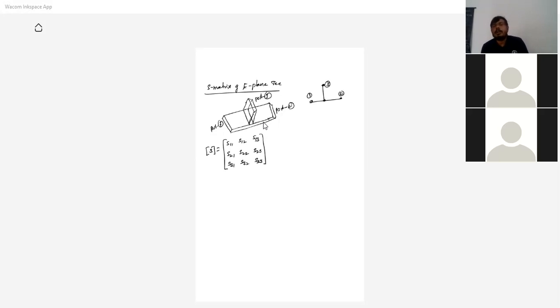From the symmetry property, ports 1 and 2 are collinear ports. Here also you can write S12 is equal to S21 and S11 is equal to S22.